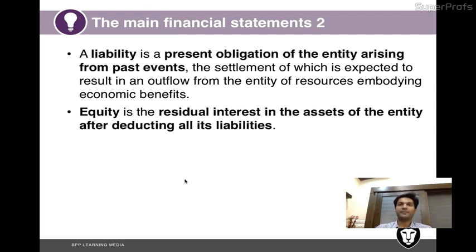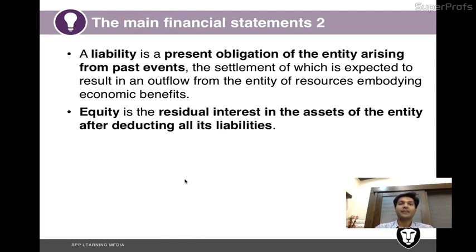So basically it is a present obligation from the past events, the settlement of which is expected to result in an outflow from the entity of the resources, which means economic benefit. That means you have taken a loan, suppose in the past, and in the future you are going to pay something to repay the loan. That is a liability. Okay, it's an obligation taken in the past and which must be repaid in the future.